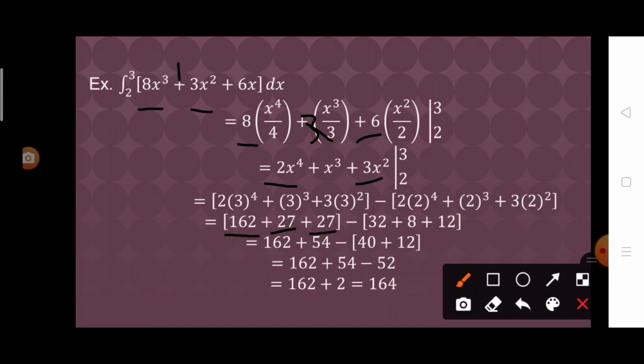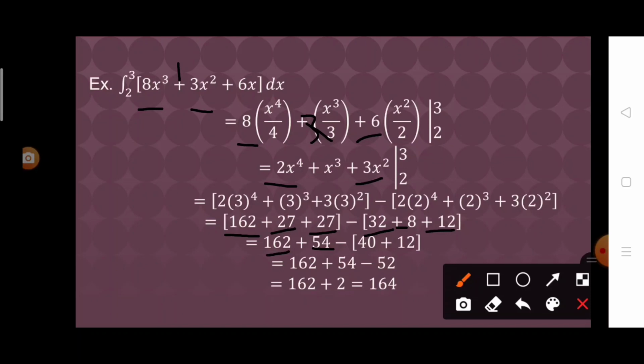Minus 2 times 2 to the 4 is 32, plus 2 cubed is 8, plus 3 times 2 squared is 12. So we have 162, 27 plus 27 is 54, and 32 plus 8 plus 12 is 52.